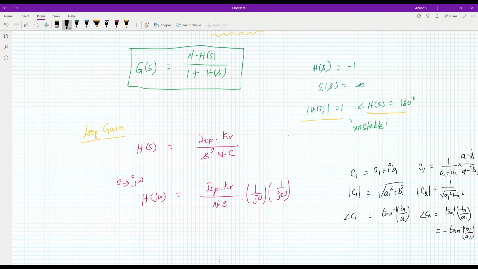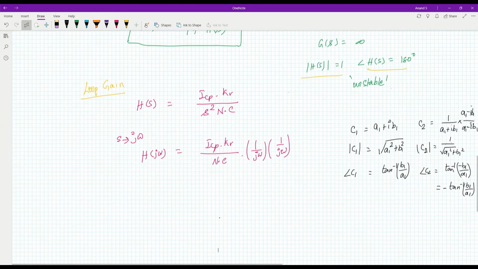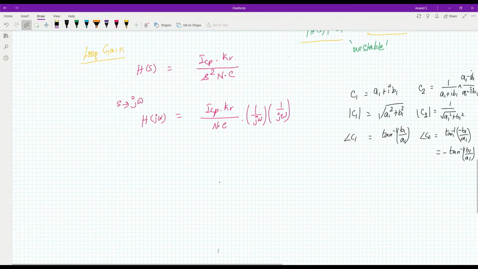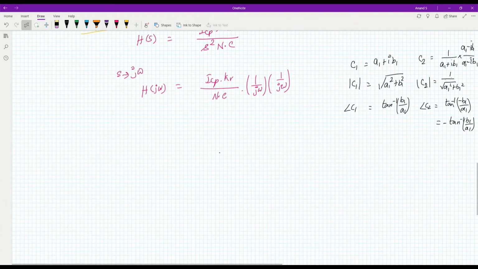Okay, so here let us take the magnitude and angle for this H of j omega, which is a loop transfer function. Magnitude of H of j omega is equal to ICP over kV divided by N times C into 1 by omega square. Generally we represent magnitude in terms of dB.